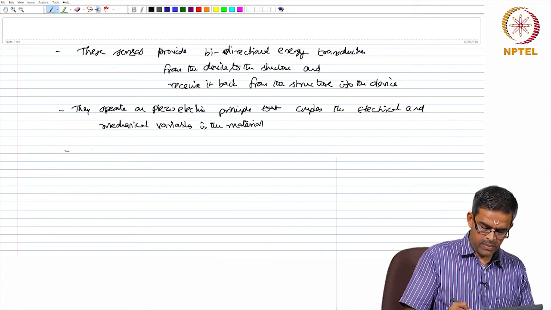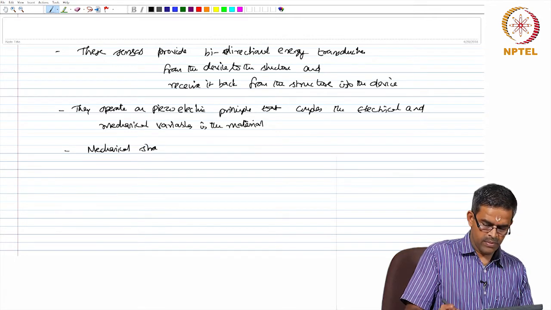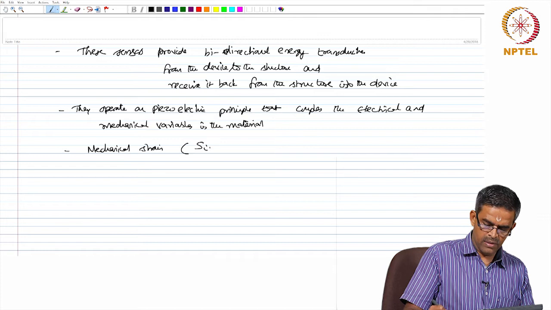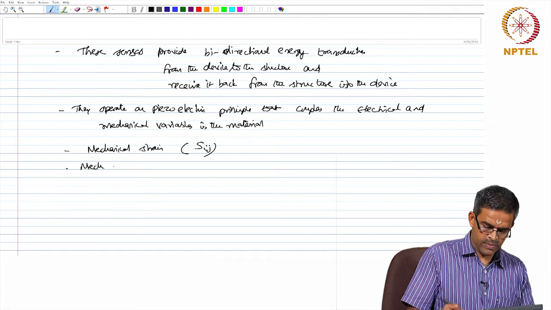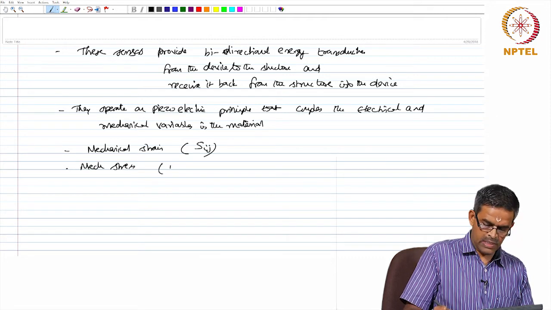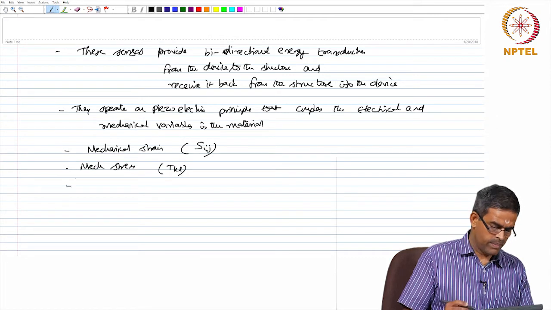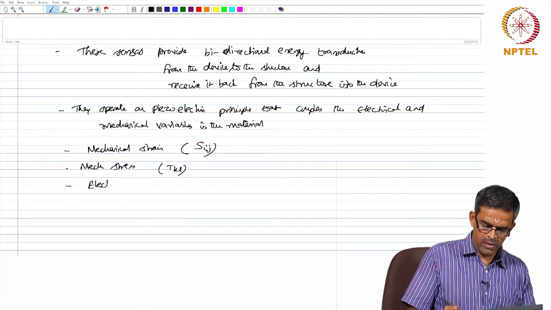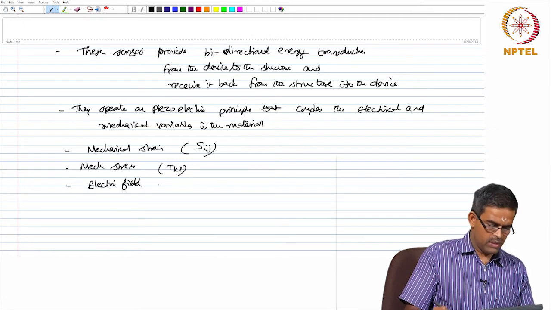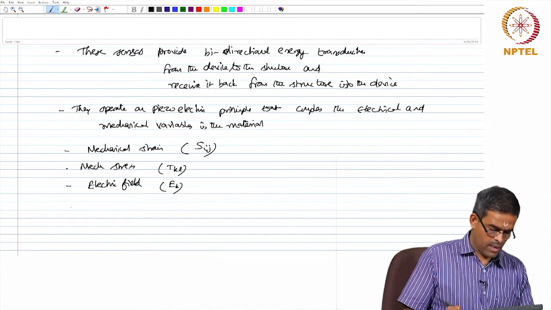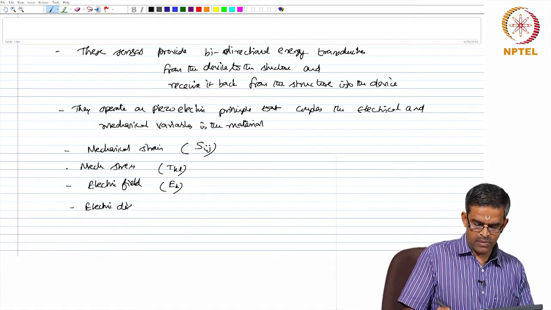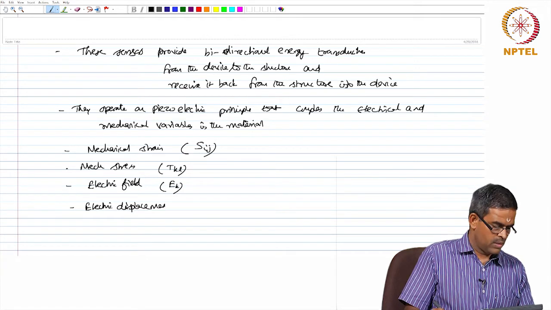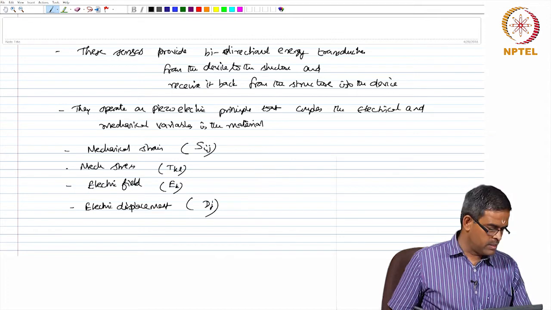Let us say mechanical strain is given by Sij, mechanical stress is given by Tkl, electric field is indicated by Ek, and electric displacement is indicated by Dj.